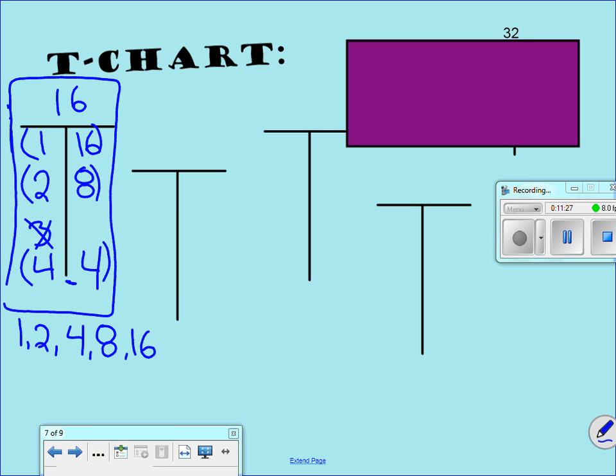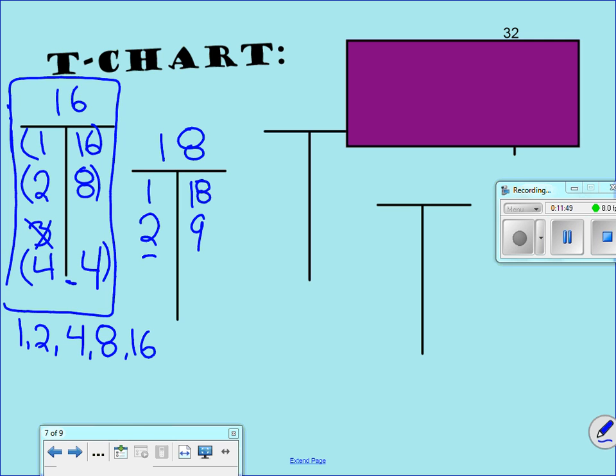Because this is new, we'll try a few more. So let's try the number 18. Like I said before, we always start with 1. 1 times 18. Next we go to 2. Does 2 go into 18? Yep, 9 times. What about 3?